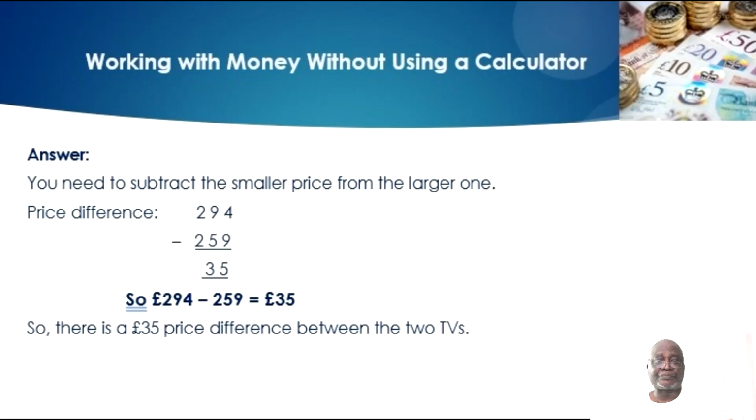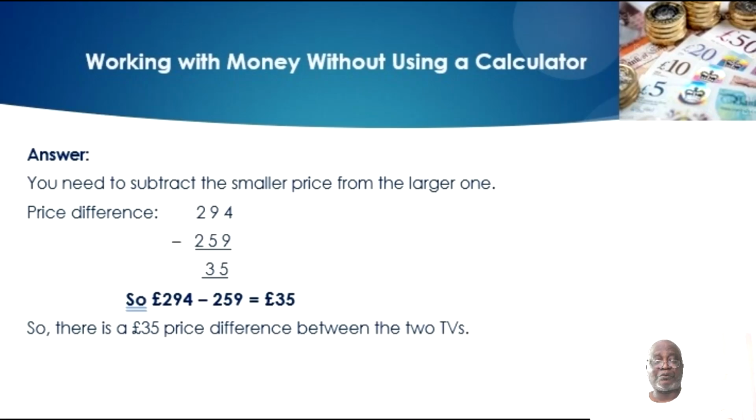The answer: you need to subtract the small price from the large one, as you did in your whole number calculation. 294 minus 259. Don't forget your borrowing and carrying rules. 4 minus 9 you cannot, so you borrow 1 from the 9 to make it 14, and then 14 minus 9 is 5.